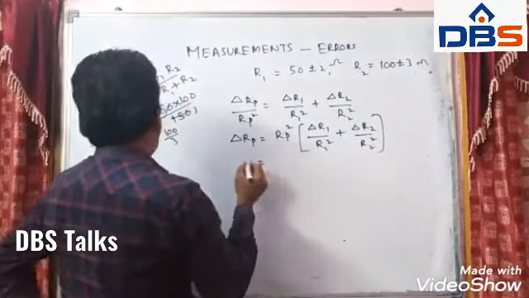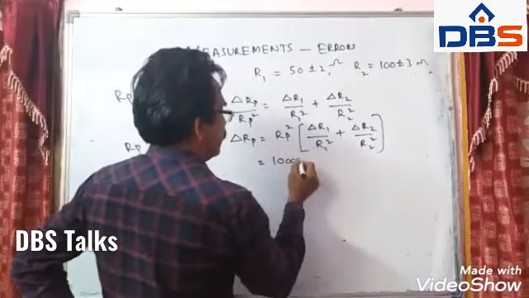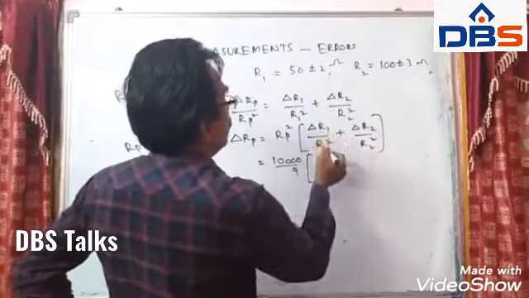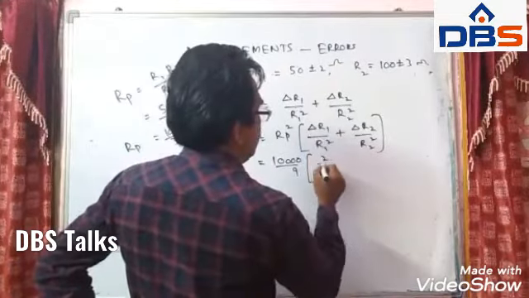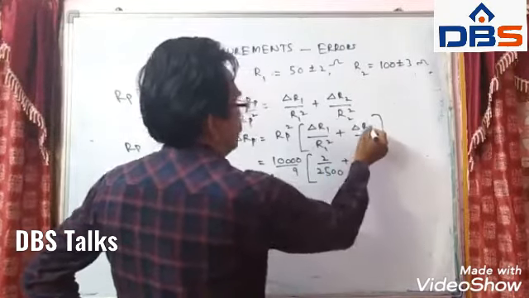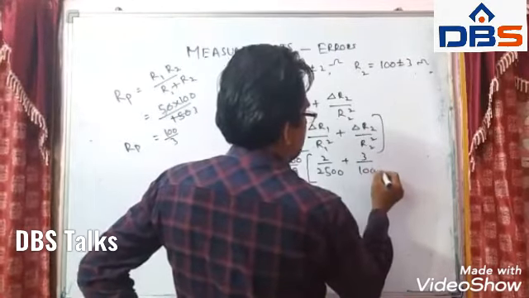Now let us substitute all values. RP square is 10,000 by 9 into delta R1 2 by 50 square, 2 by 2,500, plus delta R2 3 by 10,000.